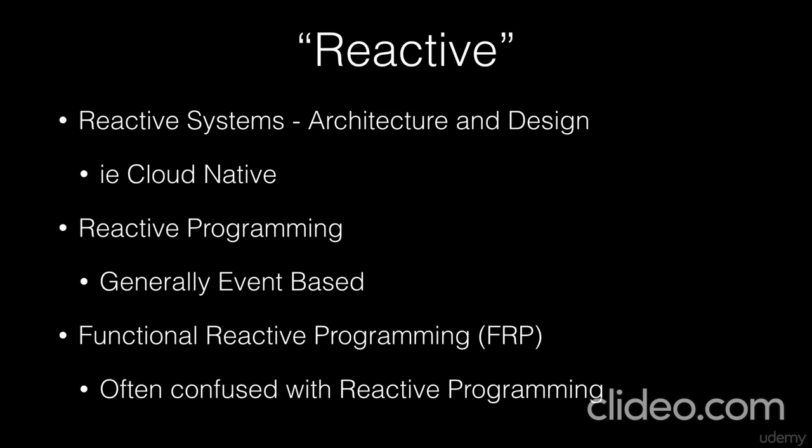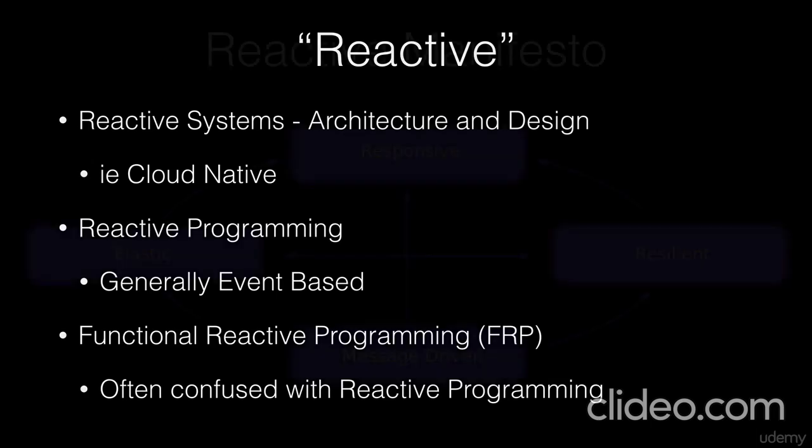I'm not going to get into the nuts and bolts of that. Just want to make you aware that there is disparity in the community about what is functional reactive programming and reactive programming. So some people believe if you go functional model and do reactive, you're now doing FRP, but not necessarily the case. So let's take a look at the Reactive Manifesto.